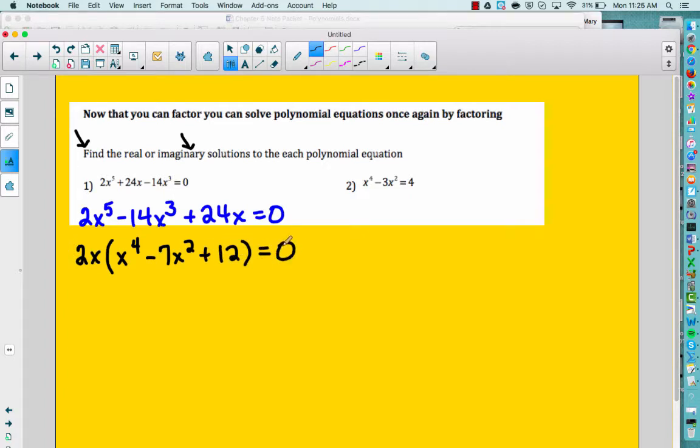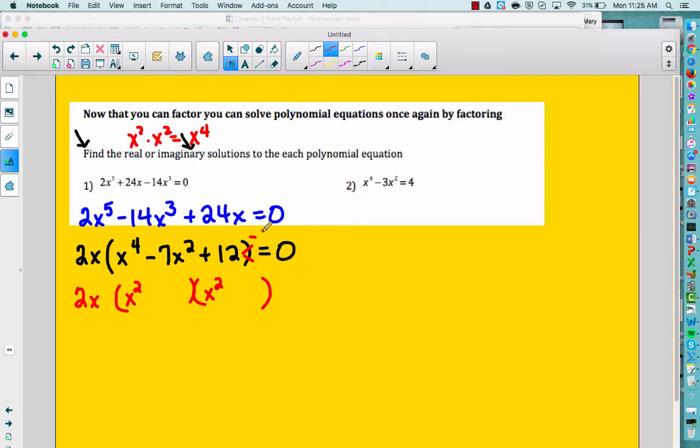Now you may be seeing that this trinomial is in quadratic form. Remember, we talked about how x squared times x squared equals x to the fourth. So just treat it like a trinomial, and instead of doing x and x, we're going to do x squared and x squared. We still look at the factors of 12 that add to negative 7.